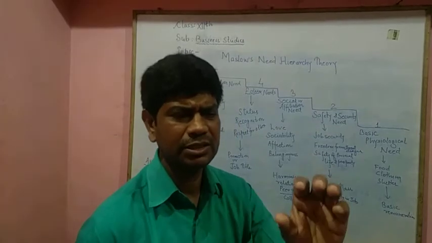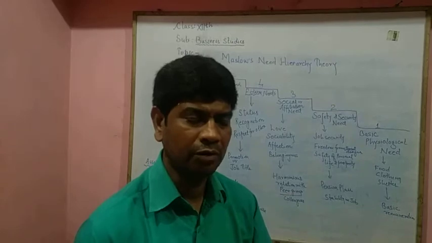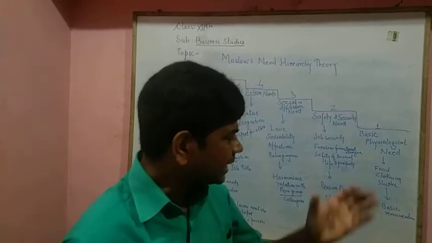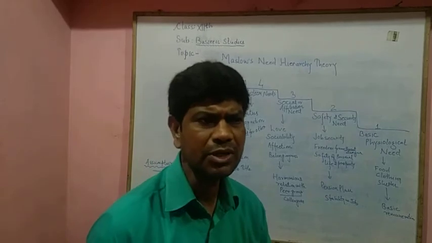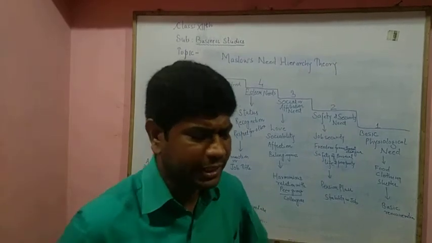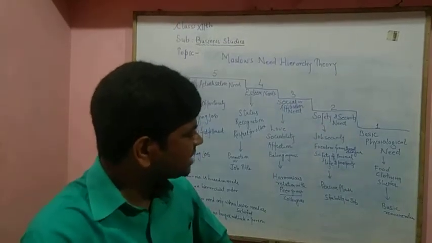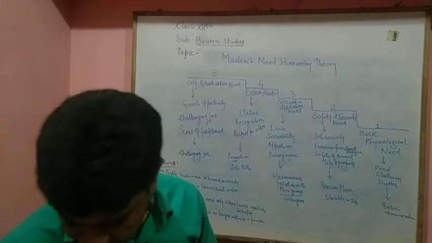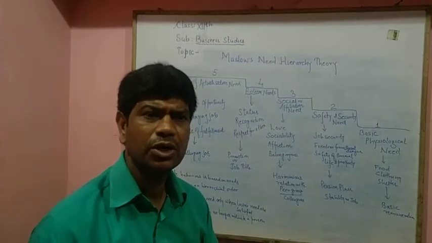So the first human need, or need of an employee, is categorized as basic physiological needs. Now, what are the basic physiological needs? These are the needs relating to food, clothing, and shelter.